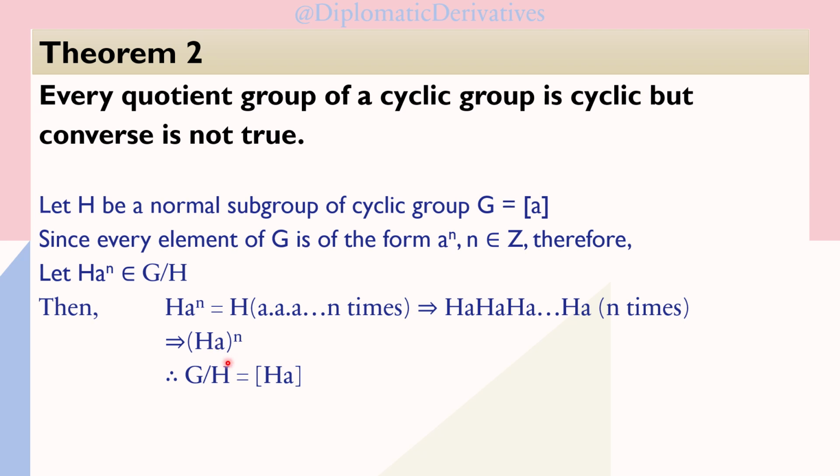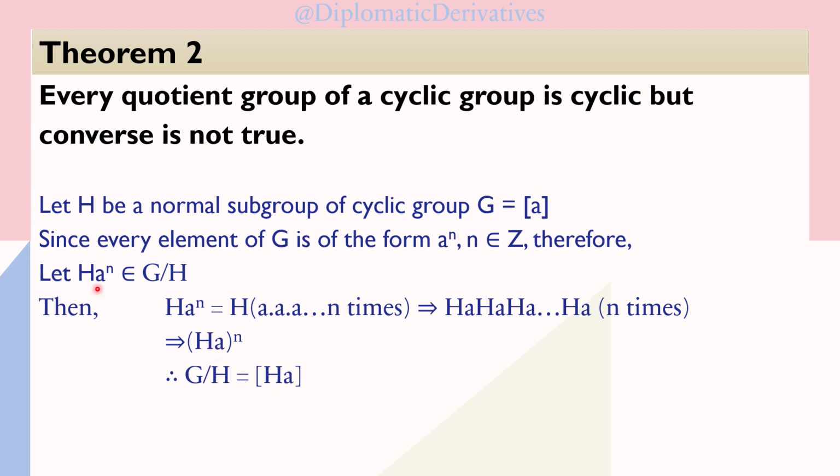This shows that Ha raised to n means that one element is Ha and it can have any power. So this proves that G by H is generated by Ha. Similarly, where a raised to n was the element, in the similar manner, Ha raised to n is the element here.